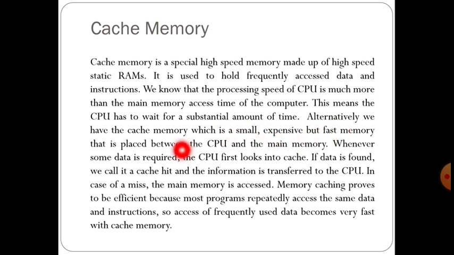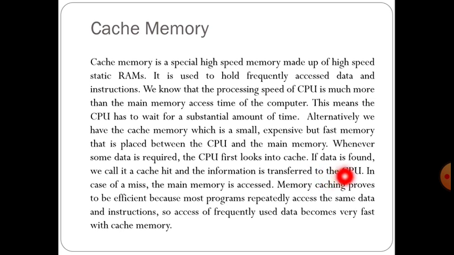So alternatively, we have a cache memory, which is small, expensive but fast memory, that is placed between the CPU and the main memory. Whenever the data is required, the CPU first looks into the cache. If the data is found, it is called a cache hit, and the information is transferred to the CPU. In case of a miss, the main memory is accessed.